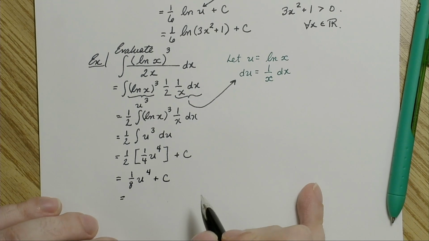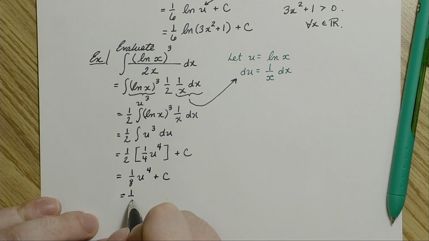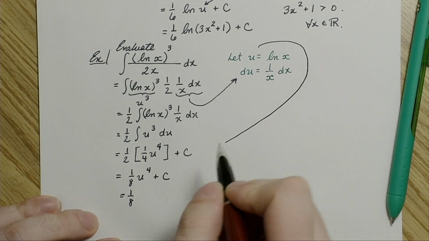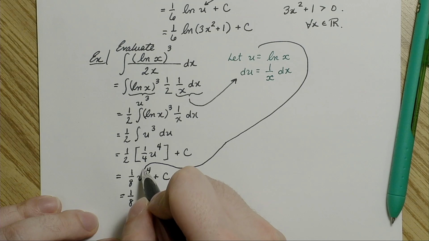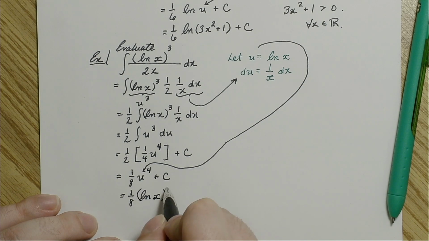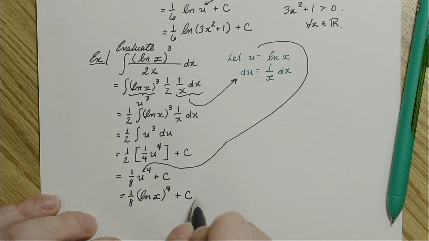And we need to put our variables back where we found them. So I got 1/8, and we put the u back in. So that is ln x to the 4th plus a constant.